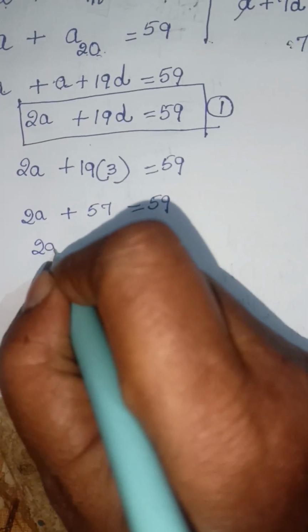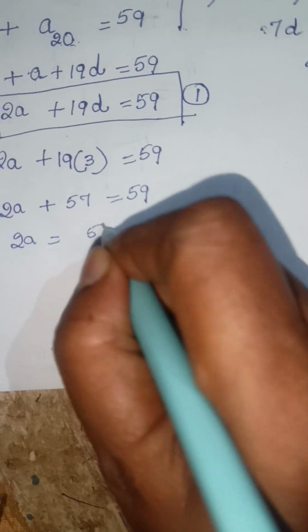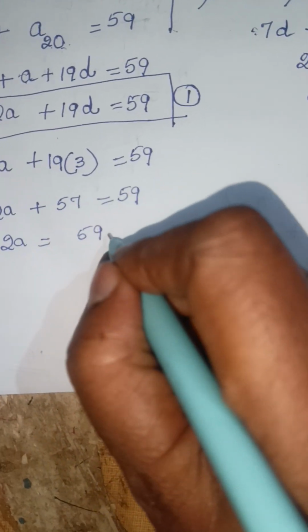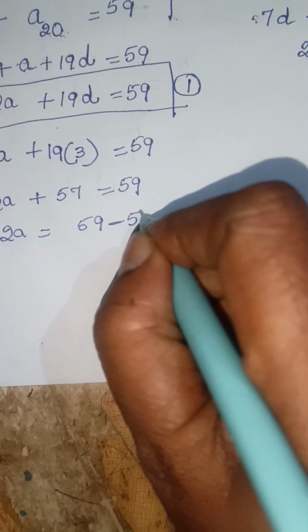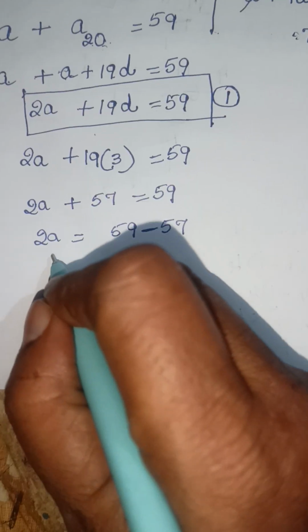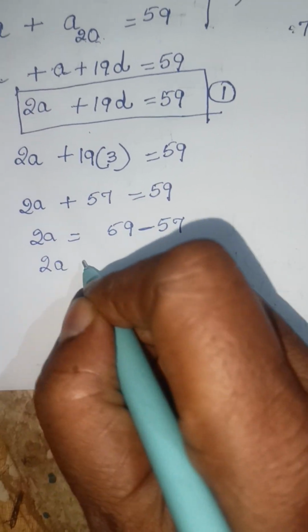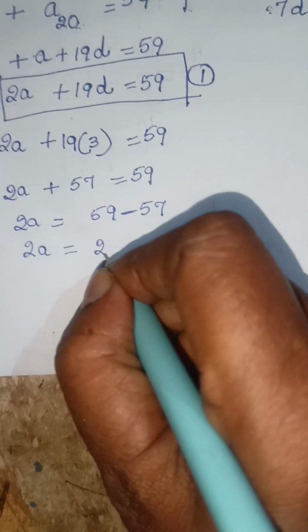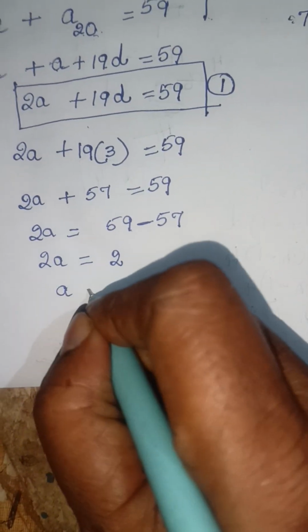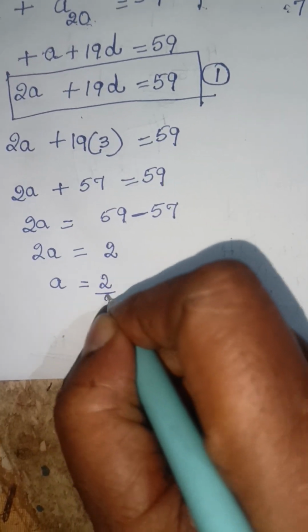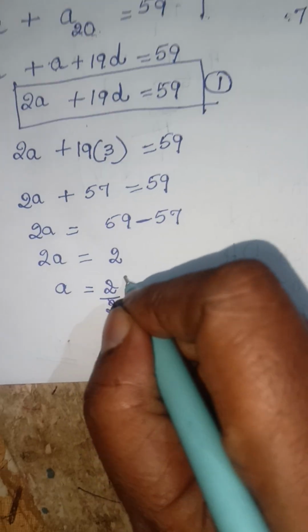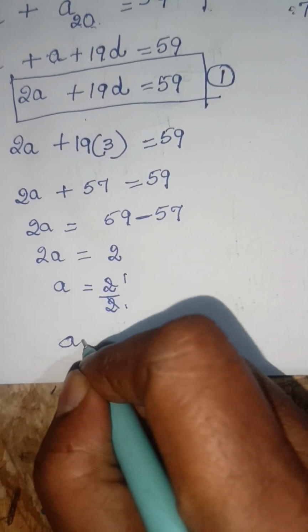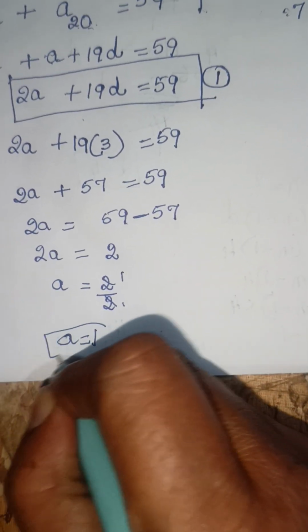So 2A will be equal to 59, when it goes to this side it will be minus 57. So 2A will be equal to 59 minus 57, which is 2. A is equal to 2 divided by 2. 2 1s are 2. Therefore, the value of A is 1.